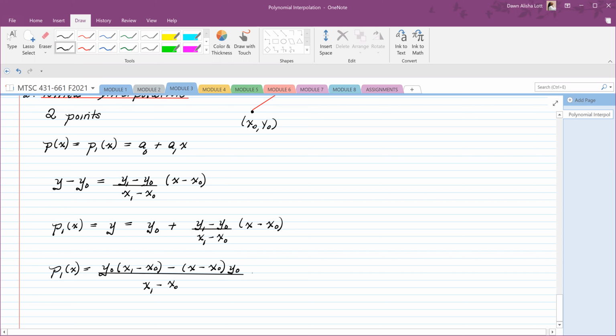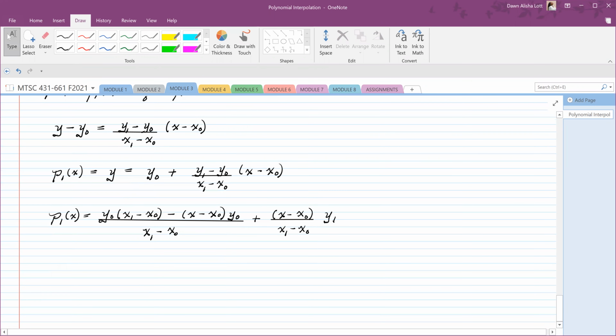But I still have the other term, which is x minus x naught divided by x1 minus x naught, and that is multiplying by y1. So now I can simplify this. So this becomes P1 of X.